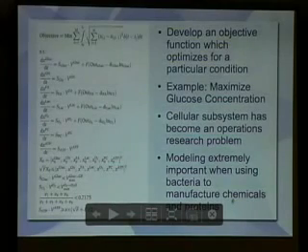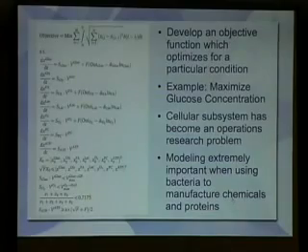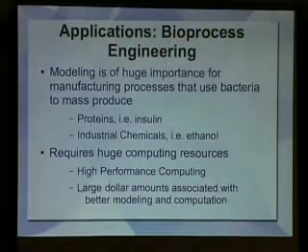One place where I've seen this used a lot is where they're using bacteria to manufacture chemicals and proteins, which I talk about a little more in the next slide. That's called bioprocess engineering. For instance, manufacturing insulin, which diabetics need, and industrial chemicals like ethanol, which is a big one.